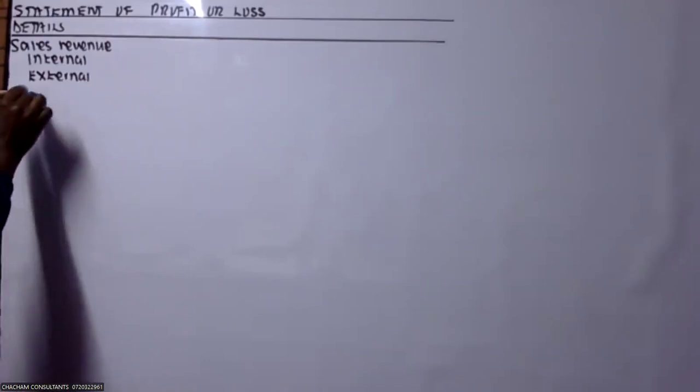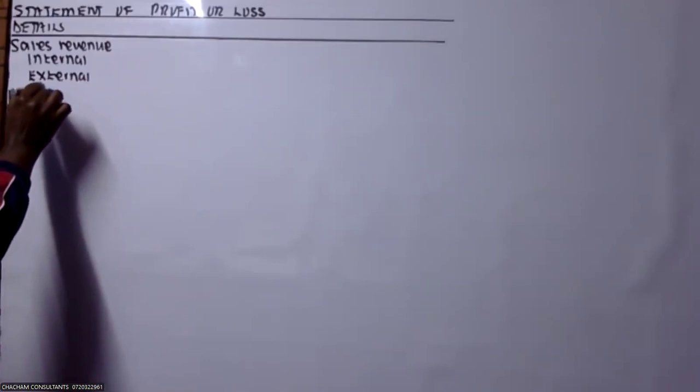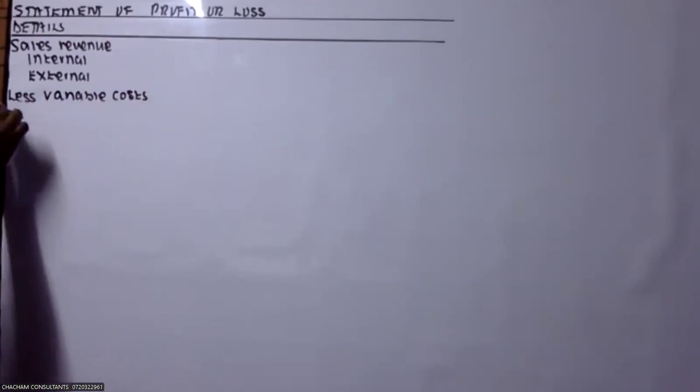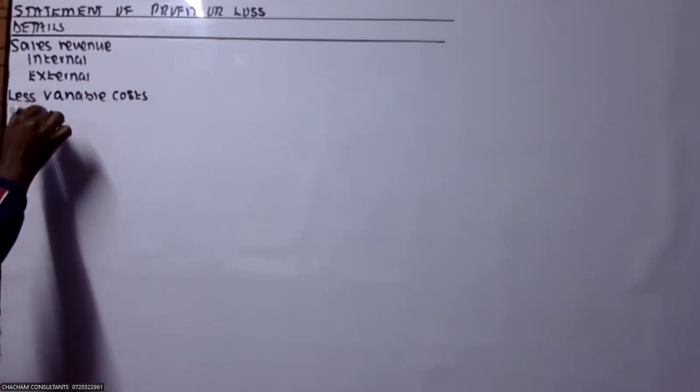You can get the total or you can leave it. Then from there you say less variable costs. Now the variable costs that come in the world of transfer pricing, the first one is the transfer in.